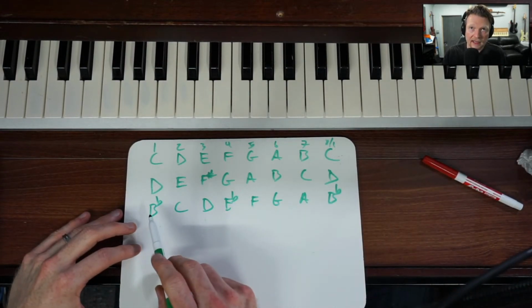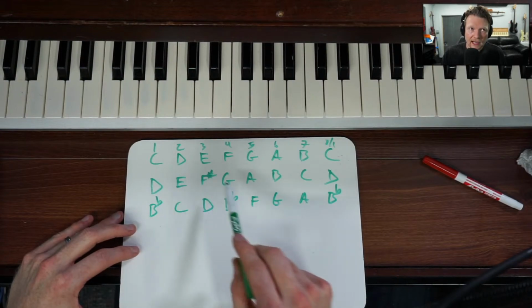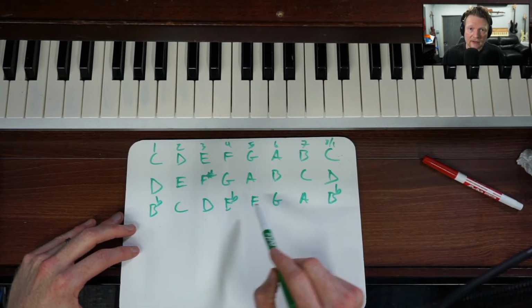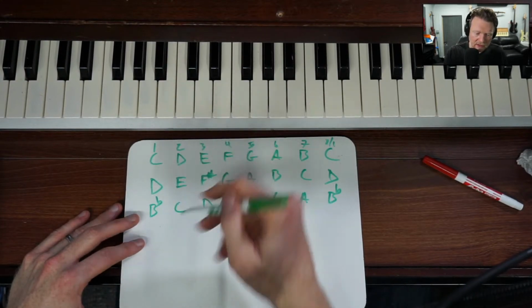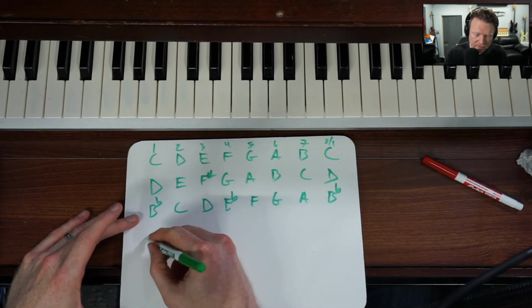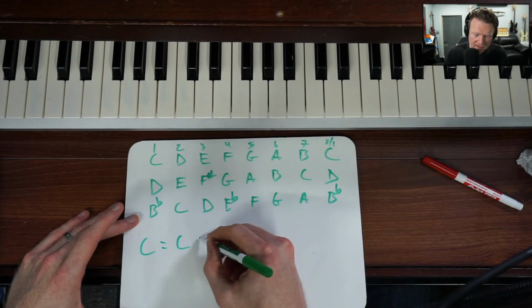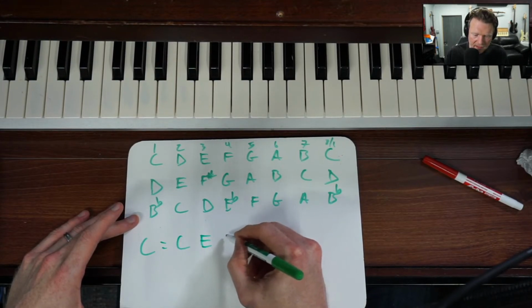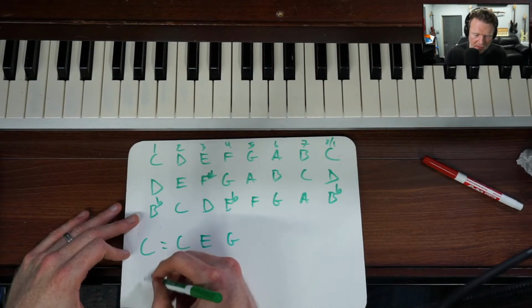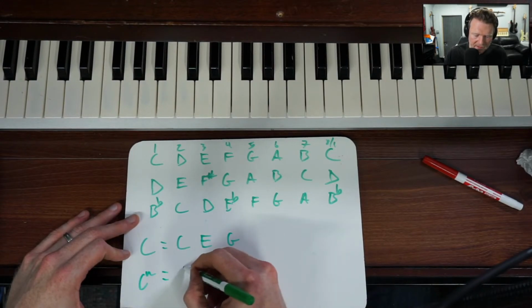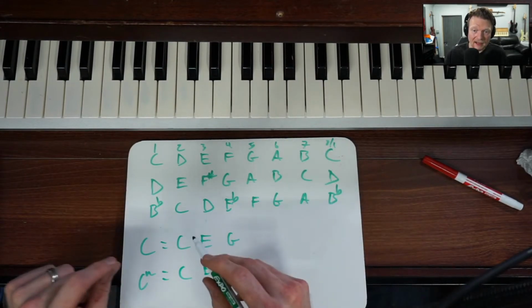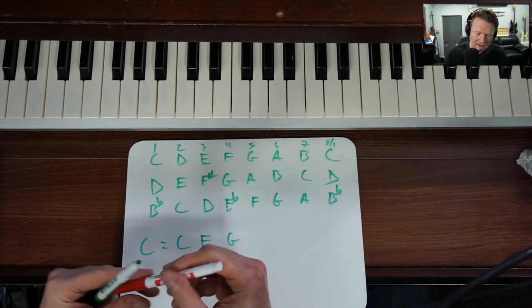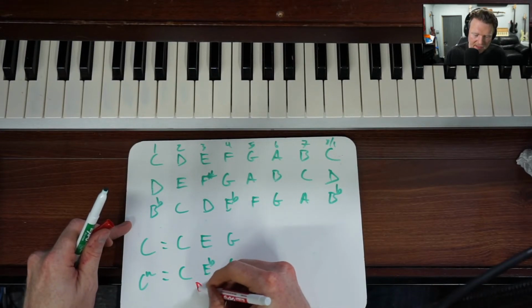Here's the thing about it. Again, the letter name has to be the correct letter name that's represented. So let's just say the key of C major. C is going to be C, E, and G, and then C minor is going to be C, E flat, and G. It is not going to be C, D sharp.